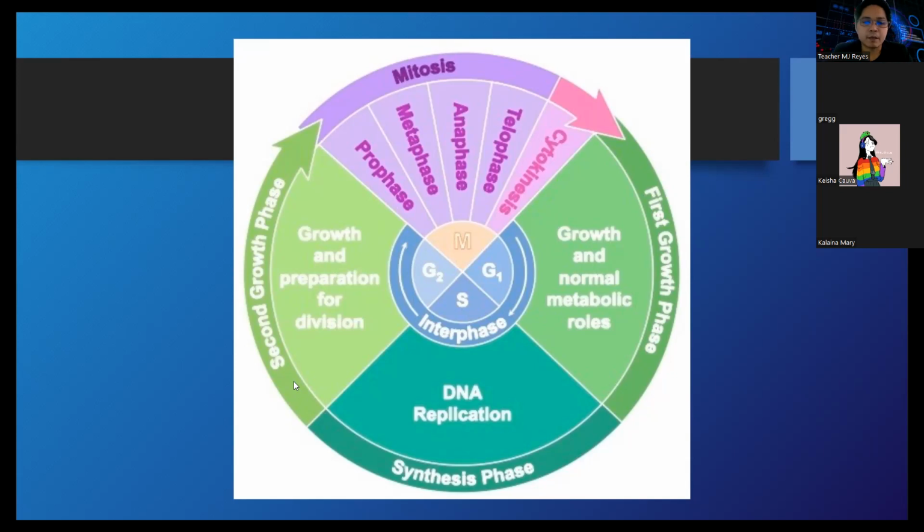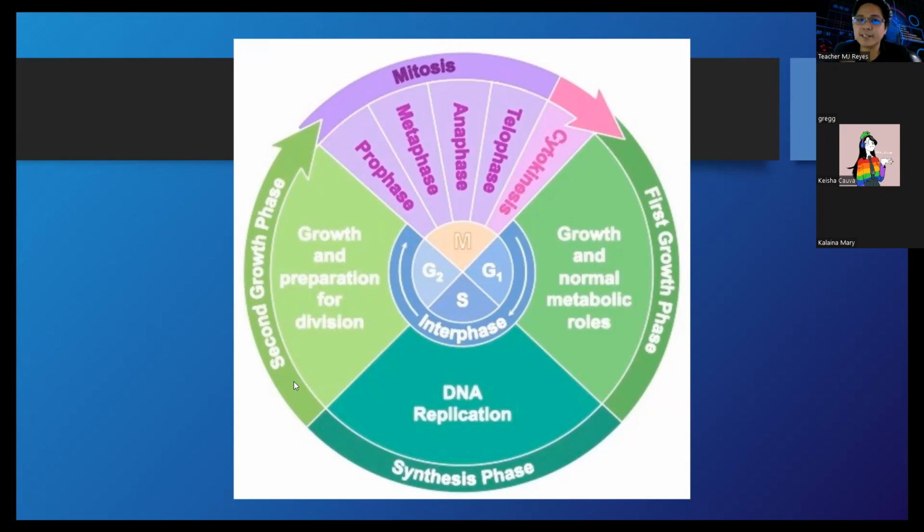Number one, it prepares the nutrients needed for cell division. Number two, it prepares the cell for the splitting of cells, or cytokinesis, and the materials needed for this splitting.